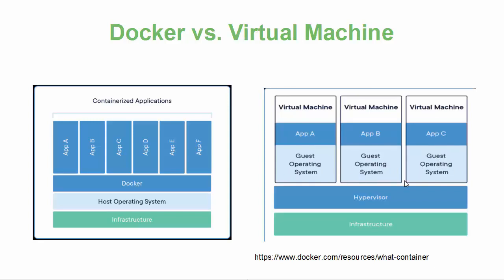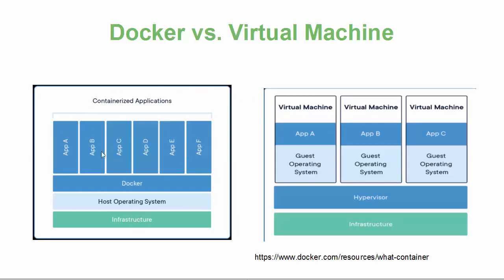The important thing to note here is that each virtual machine includes a full copy of the operating system, the application, necessary binaries, and the libraries, which takes up tens of GBs of memory, and that is the reason virtual machines can be slower.